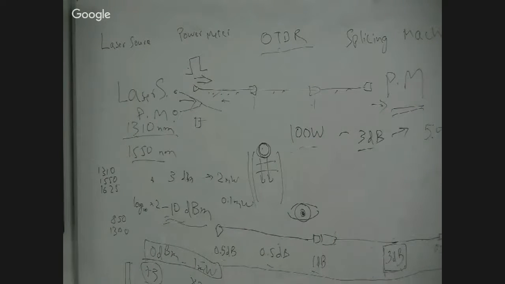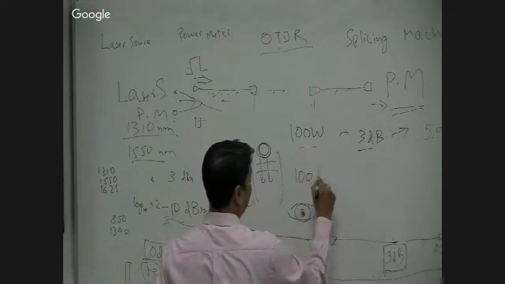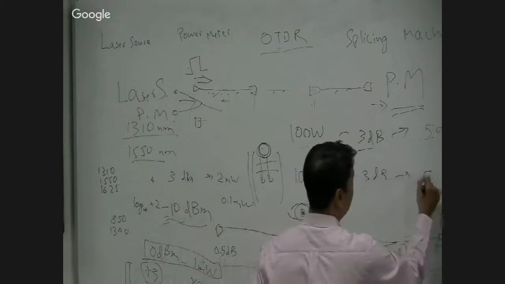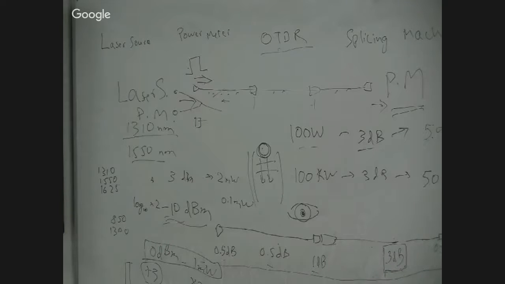So 100 watt will become 50 watt. Same way, 100 kilowatt with a 3 dB loss is going to make it 50 kilowatt. As and when your input signal increases, the 3 dB loss is huge. It is halving the signal. Only half of the power level that you are transmitting is coming out. So that 3 dB is huge.